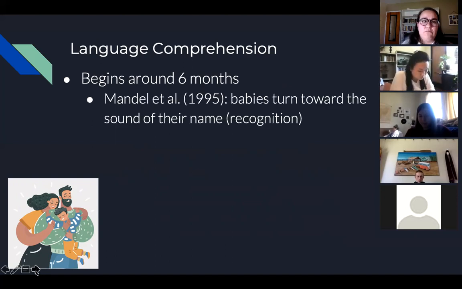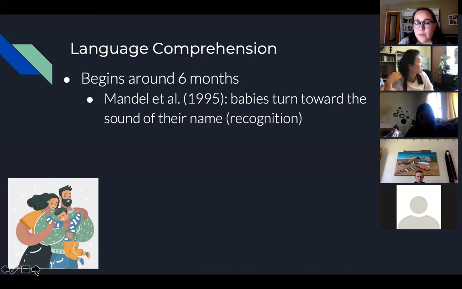In this study by Mendel et al., there were infants who were around 4 to 5 months of age. And they found that these babies were more likely to turn their heads towards the sound of their names. But it was really rare that they would turn their head in the direction of a name that was maybe similar in the emphasis or the tone and the length. So, for example, Megan instead of Rachel.